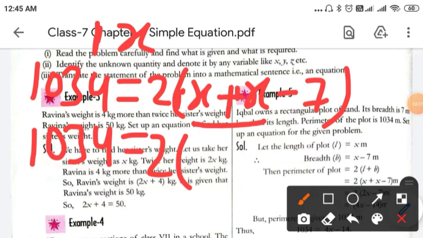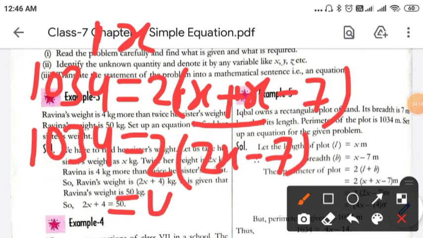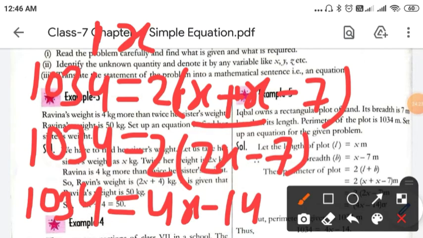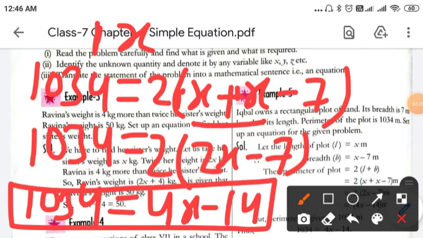So 1 plus 1, we have to add or subtract with the coefficient only. So the coefficient 1 plus 1 is equal to 2x minus 7. Again when we multiply it, we get 2 times x is 4x and 2 times minus 7 is minus 14. So we have our final equation, which is equal to 4x minus 14 equal to 1034. This will be the final equation for the given problem.